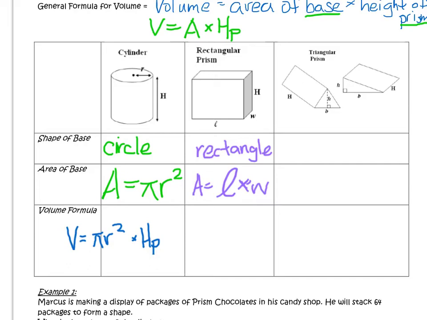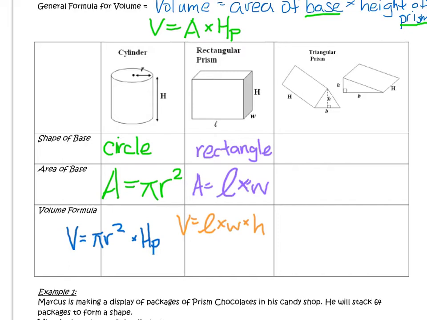Putting it all together, Liam, what would be the formula for volume of a rectangular prism? L times W times HP. And that one most of us remembered from elementary school. Volume of a rectangular prism or a cube is just length times width times height.